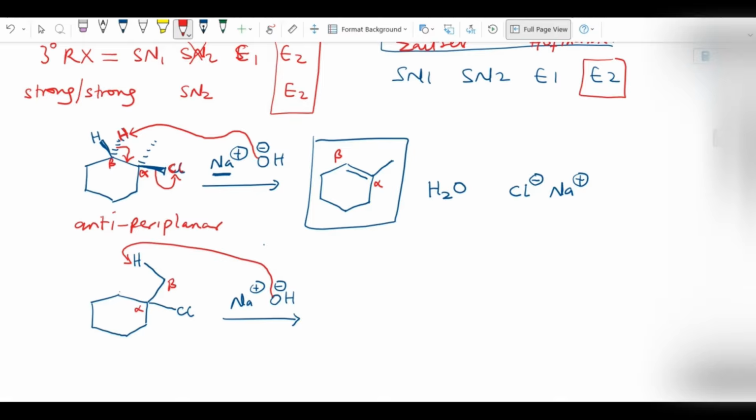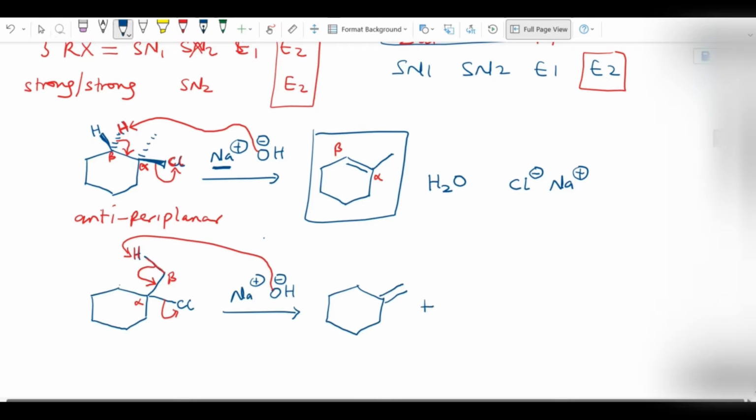So it has to point in the opposite direction as the leaving group. So when the base abstracts that proton, the bond between the hydrogen and the beta carbon is going to break, and the excess electron will form a double bond between the beta carbon and the alpha carbon, and the leaving group will be kicked out. And when this happens, we will form a less substituted alkene.